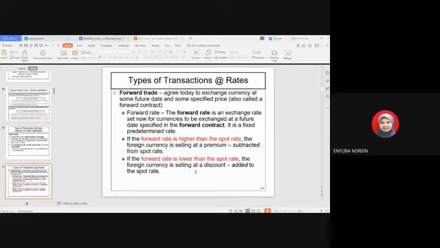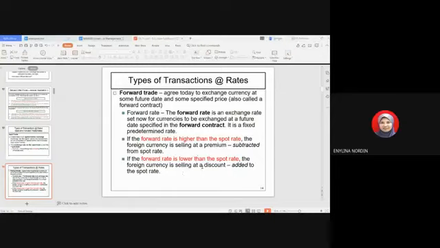If the forward rate is lower than the spot rate, the foreign currency will be selling at a discount. This discount will be added to the spot rate. You akan plus dengan spot rate. Spot rate is apa tadi? Current rate. Kalau premium dia adalah 0.5 and then spot rate dia adalah 1.5, so that means currency dia will become 2.